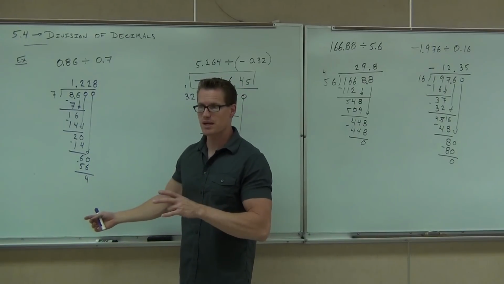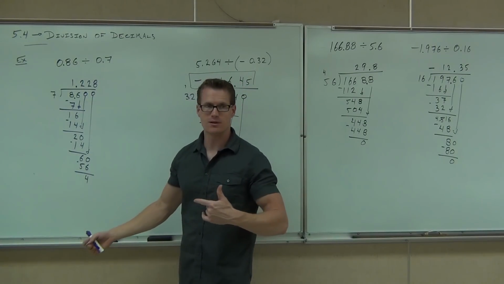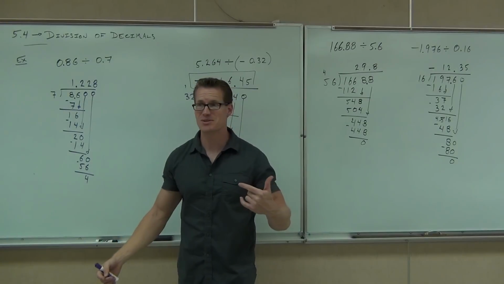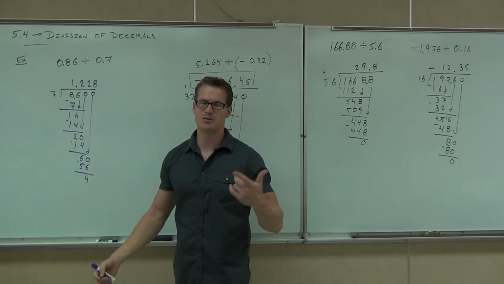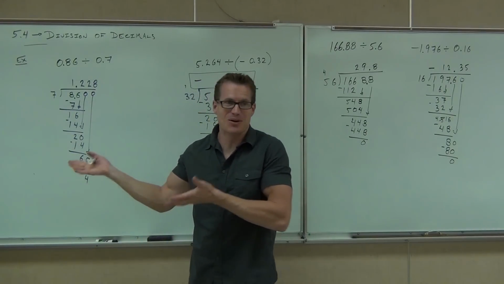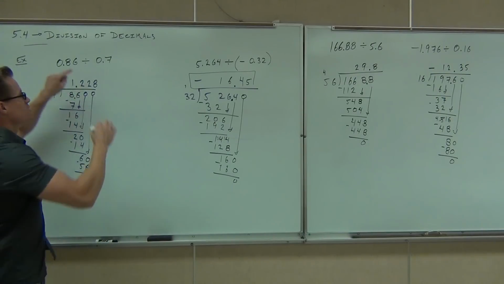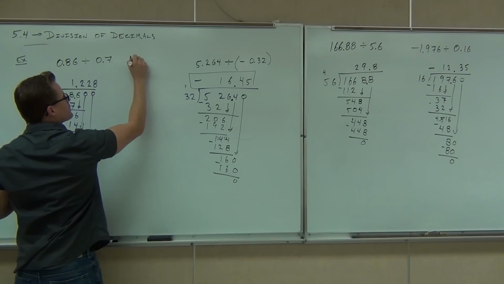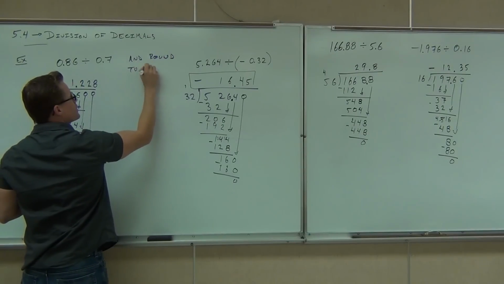This number repeats, but I'm pretty sure it doesn't end. It just repeats somewhere. So you don't want to do that for eternity, do you? That would suck to work on this one problem, right? You don't want to do that. So a lot of times I'll say, do this and round to the nearest.